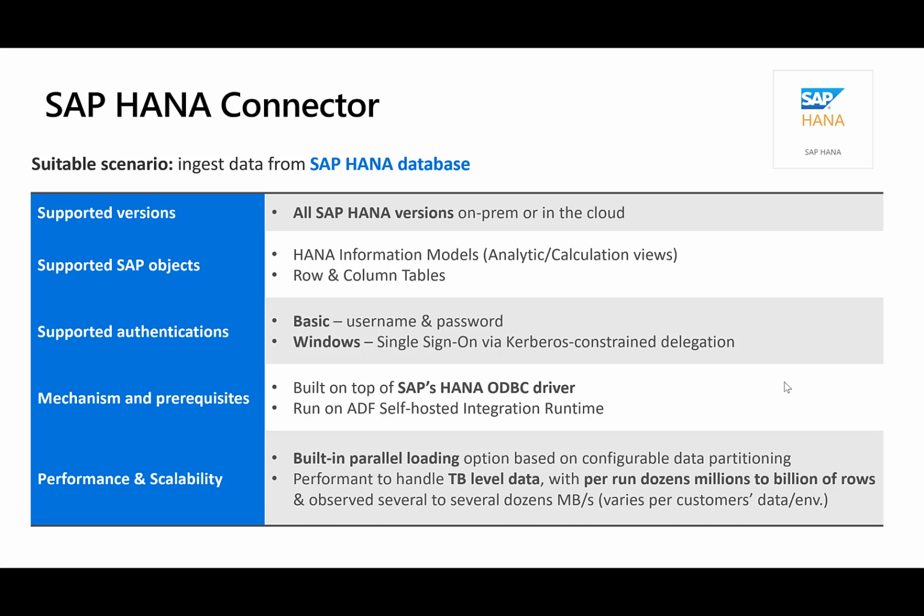It supports HANA informational models like analytic and calculated views, and also has the capability of connecting to row and column tables. It has support for basic user and password, and also can do single sign-on via Kerberos constrained delegation. And it's built on top of the SAP HANA ODBC driver, which you will download from the SAP Marketplace.